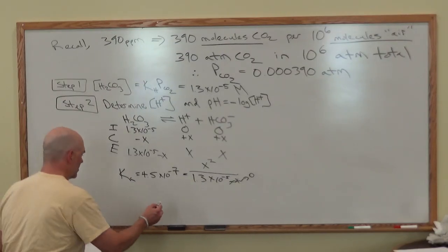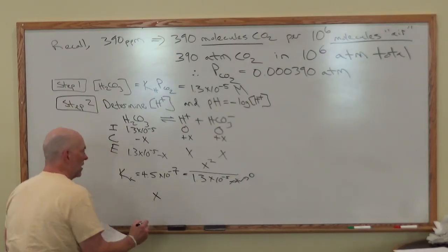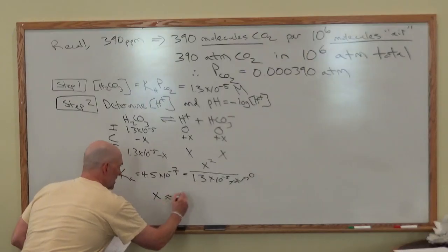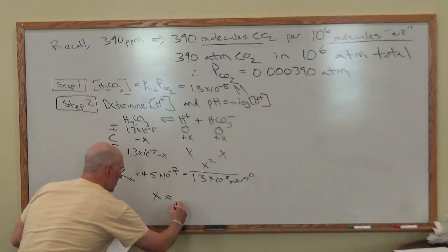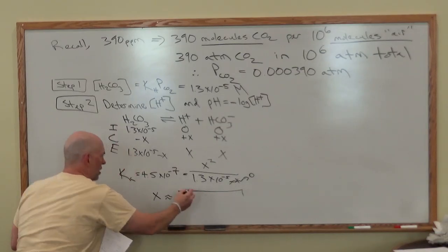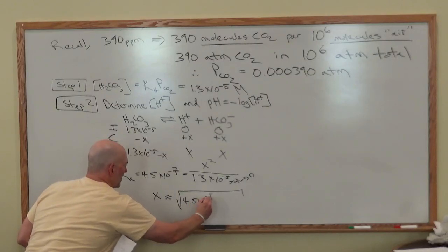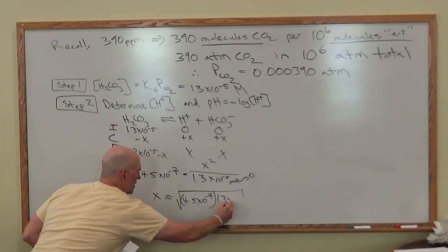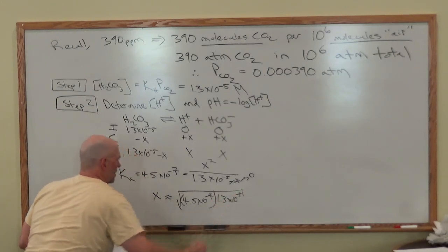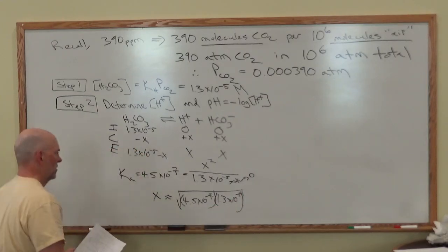But now we have a situation where we can simply solve for x. And I'm going to say approximately here, because we're making this assumption, x is going to be the square root of 4.5 times 10 to the minus 7 times 1.3 times 10 to the minus 5. More of a calculator exercise.